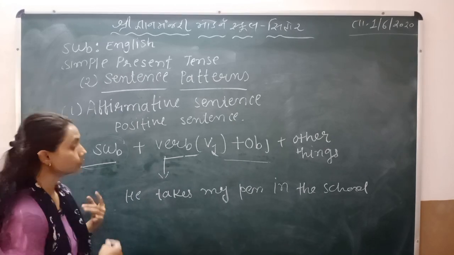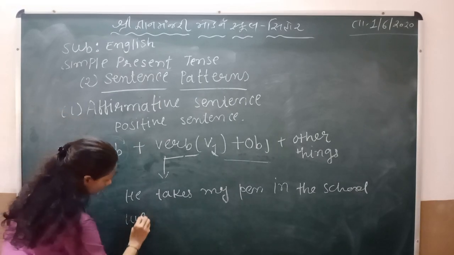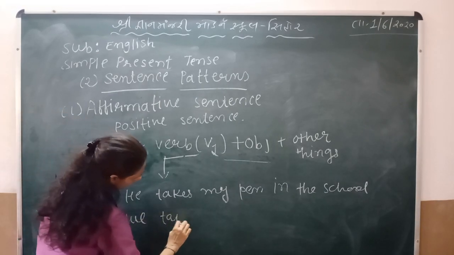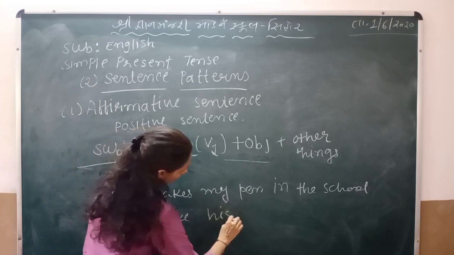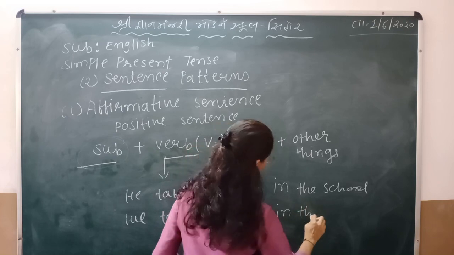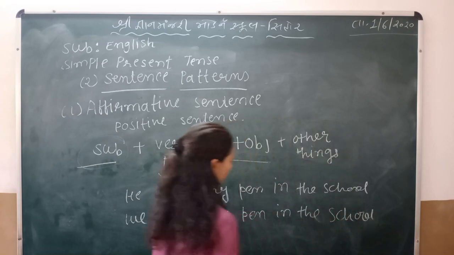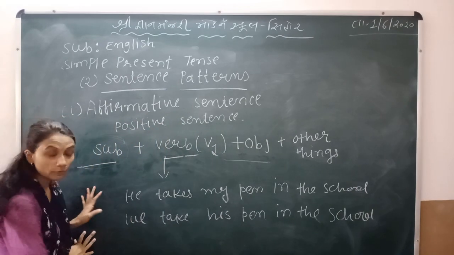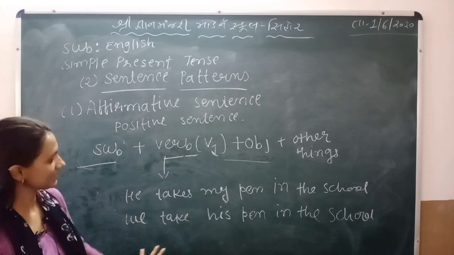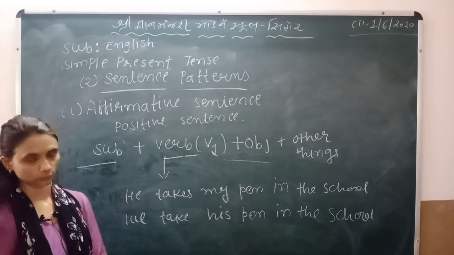And to make it more clear, let me give you one more sentence. We take his pen in the school. Okay, so now here you have two sentences. He takes my pen in the school. We take his pen in the school.